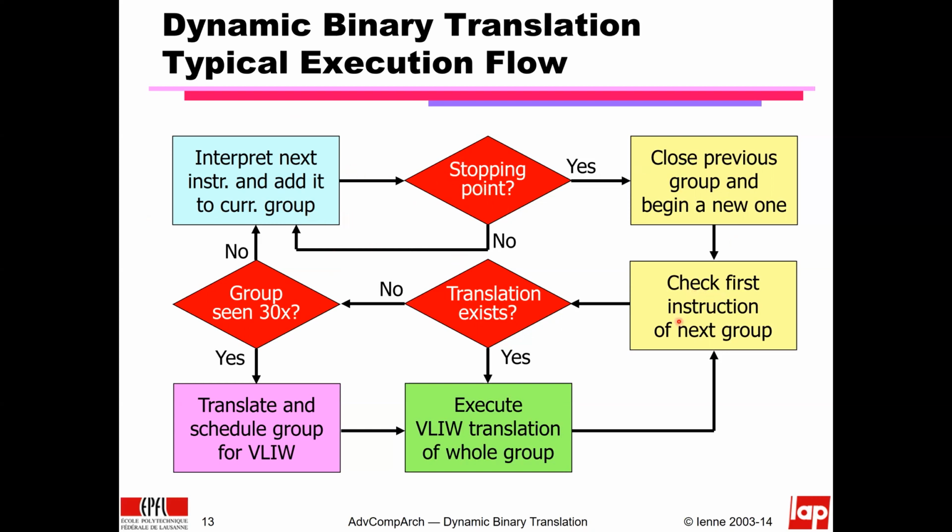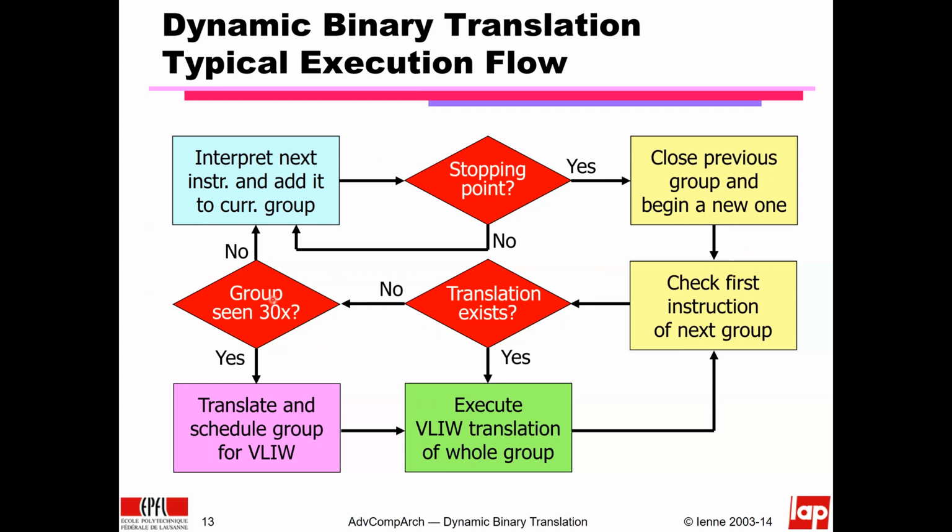I find another group. I don't have a translation. I've seen it many times, maybe not, and I continue, right? So essentially, to a large extent, initially my machine runs in the upper half of this, an emulation loop, right? It's just doing emulation, gathering some information about groups of instructions that stay together and so on.